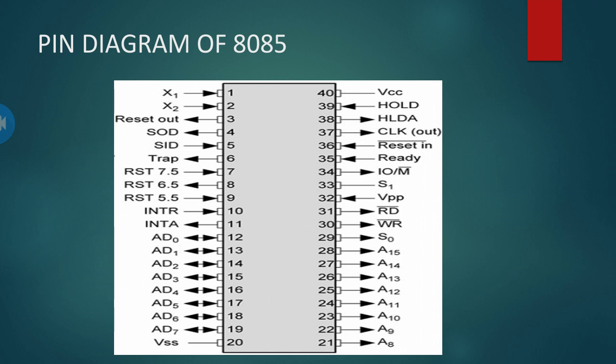See, the speed of the CPU is very fast. The CPU operates at a very fast rate, and the main task of the CPU is to perform processing.